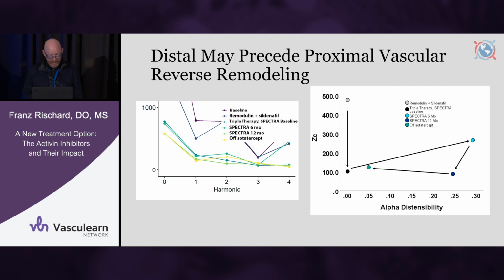And if we graph out the characteristic impedance versus alpha distensibility on the right-hand side, where the right lower portion of that would be the best, meaning the alpha distensibility is high and the characteristic impedance is low, you can see the initial drop in impedance is not met with a change in distensibility until the patient is placed on sotatercept.